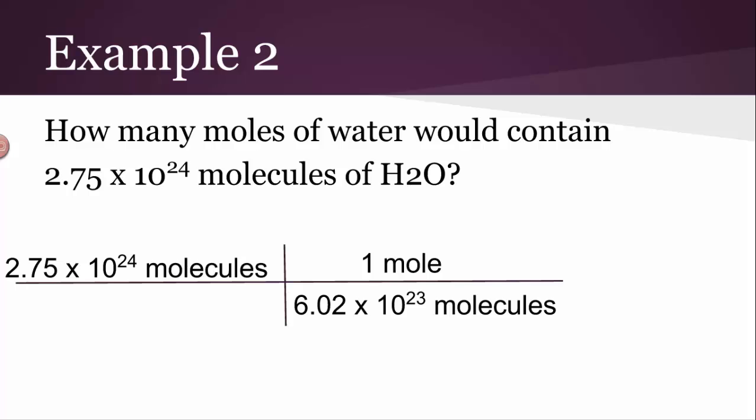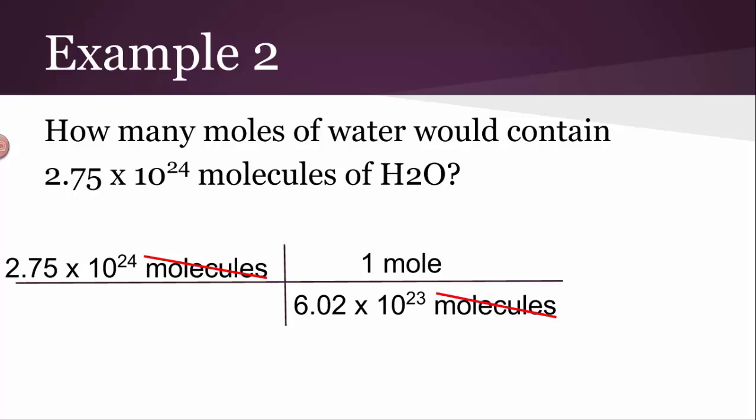So now I put 1 mole on top and 6.02 times 10 to the 23rd molecules on the bottom, so that I can cancel out molecules and leave myself with just the unit of moles on the top. Now here I have to divide. If you consider these to be both fractions, I'm going to divide 2.75 times 10 to the 24th by 6.02 times 10 to the 23rd.